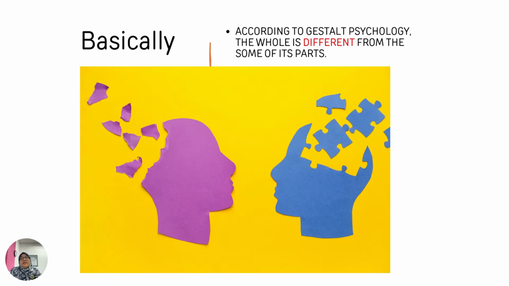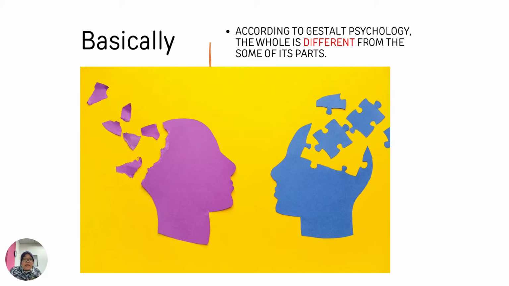Okay, so basically, according to Gestalt psychology, the whole is different from the sum of its parts. So looking at the entire image, even though the elements are different, as a whole, it makes sense.